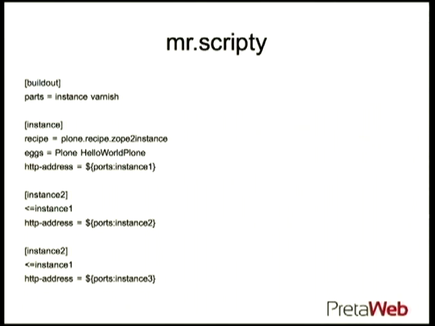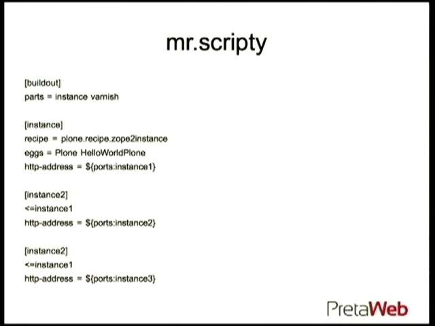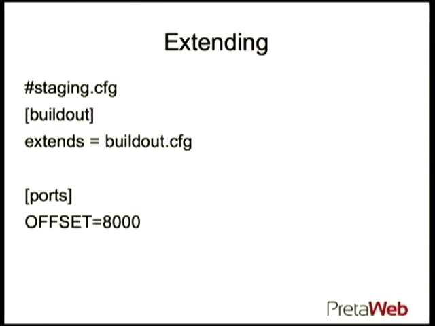The nice thing about that is that we can say each of these is going to access ports. So this will make set options key. It's going to go through each of these and add the 1000 to it, and that will then work. So it'll be 1080, 1081, etc. And then we can do things with that extending syntax we saw before.